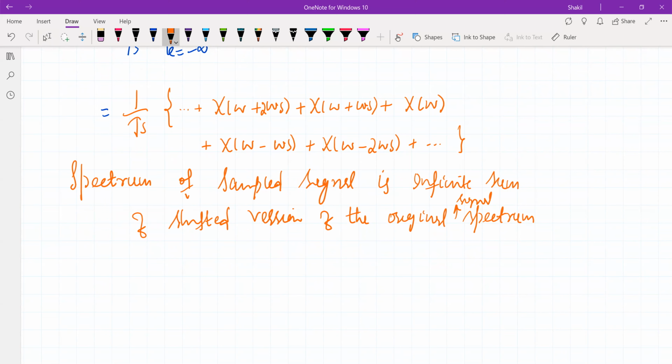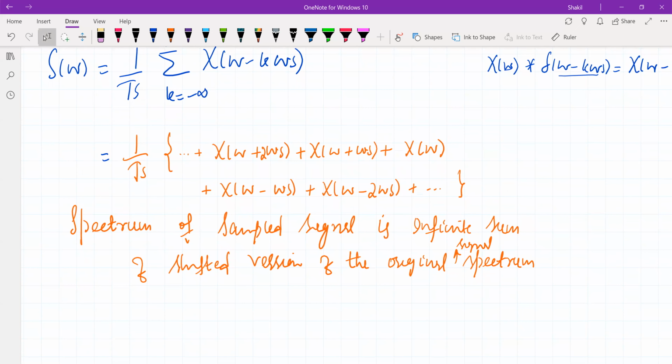So the spectrum of the sampled signal is simply the infinite sum of the shifted versions of X of omega. You can see X of omega shifted towards the right, at omega s, and the next shifted version is at twice omega s.